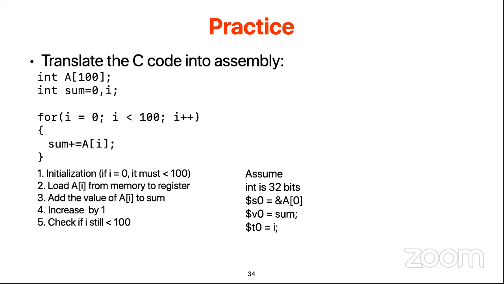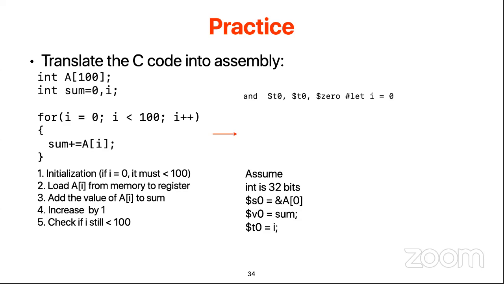So assuming that an integer is 32 bits, and we already have the base address of the A array in S0, we have the sum in V0, and we use T0 to store I. If I want to translate this piece of code, as I said, I want to initialize the variables.